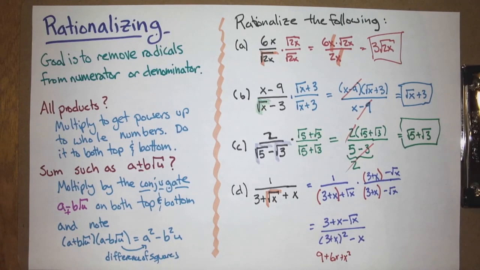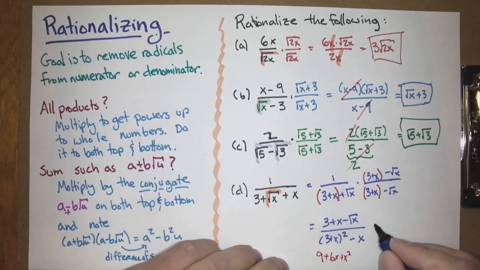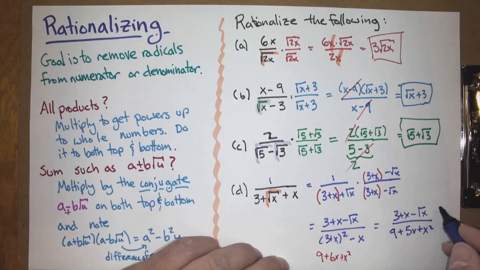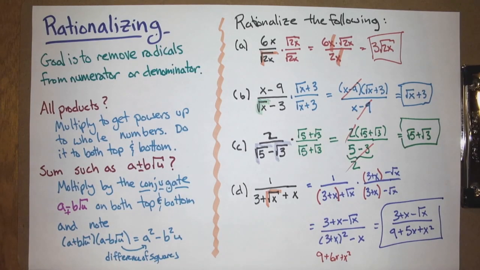That's a perfect square. We know how to expand those. And so altogether, we get a 3 plus x minus square root of x upstairs. A plus 6x and a minus x will give us a 5x and plus an x squared. But we did manage to move the square root out. So it is possible. All right, so those are some examples.